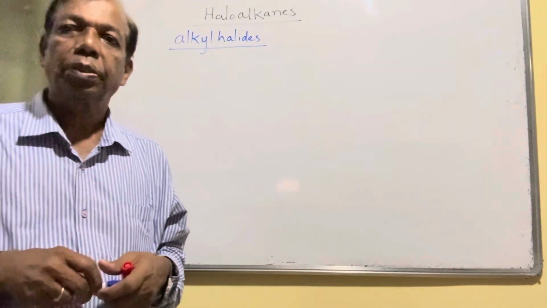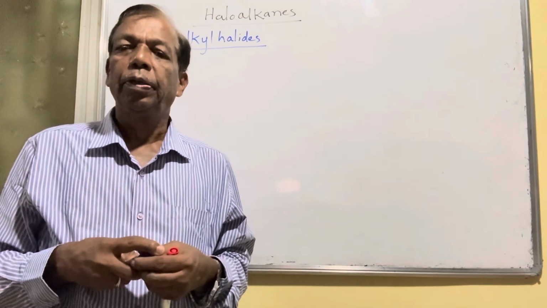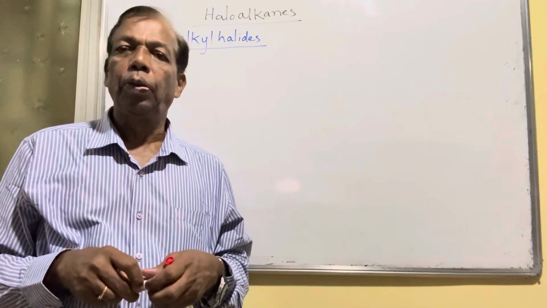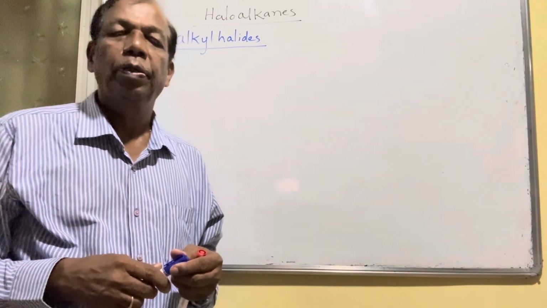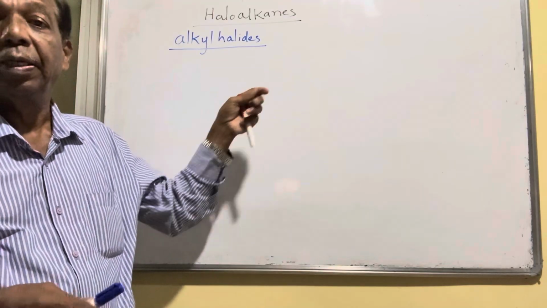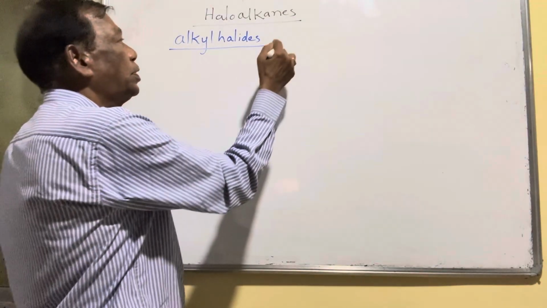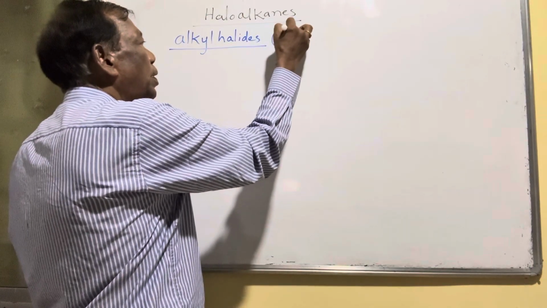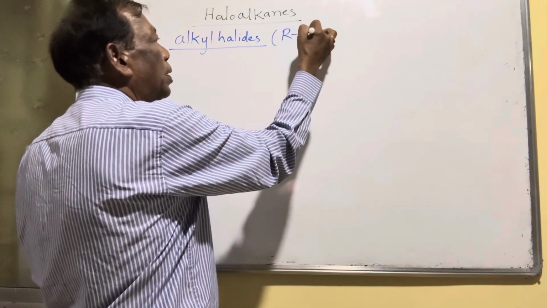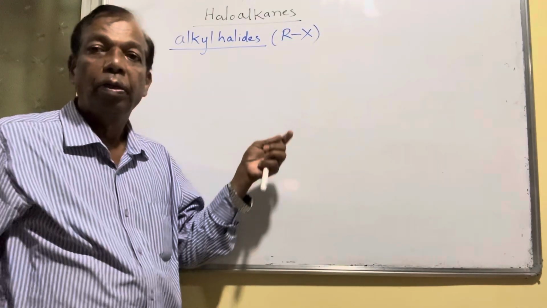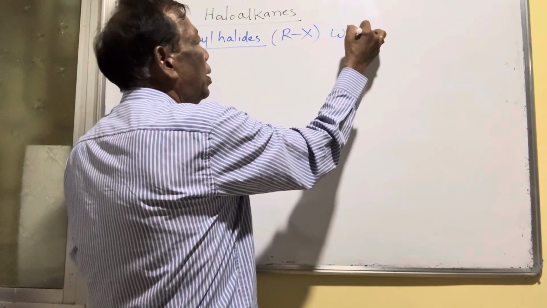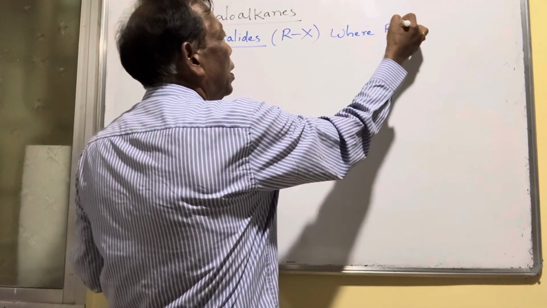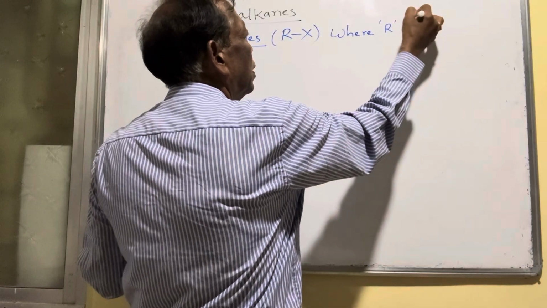So in my last video, I explained what are called haloalkanes. Now today's video, I will explain what is called an alkyl halide. These alkyl halides are generally written as RX, where R is the alkyl group.